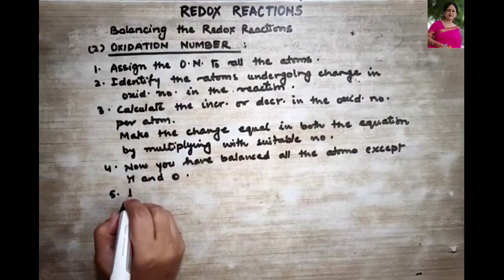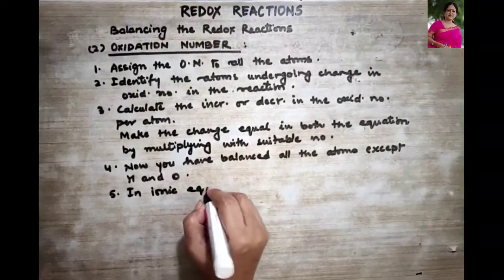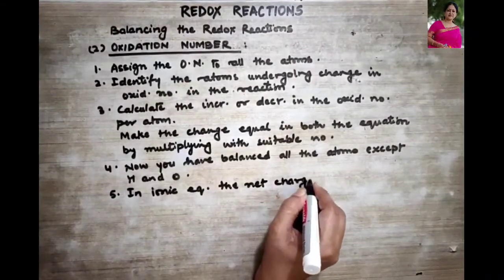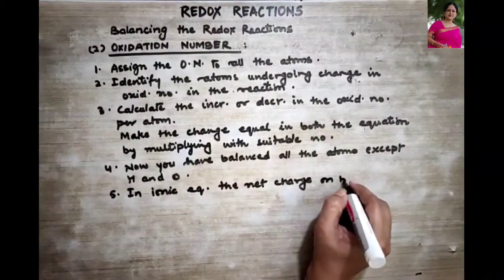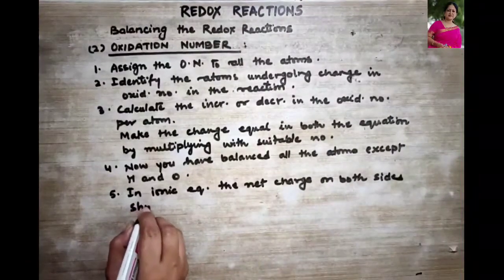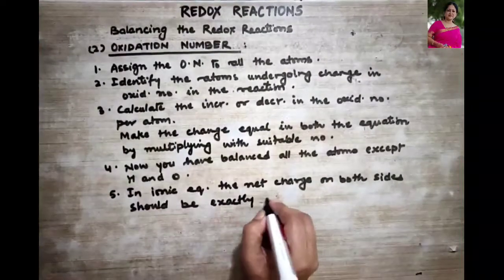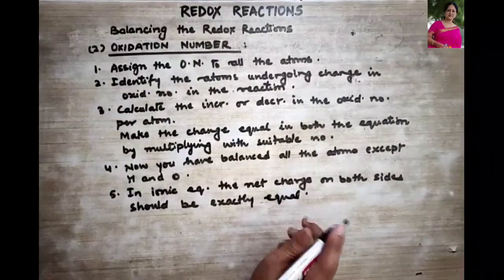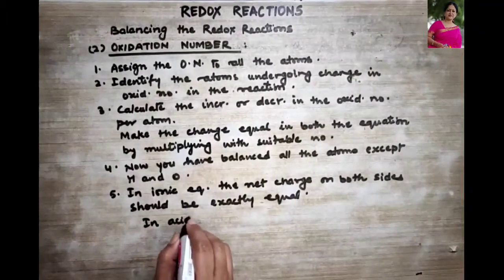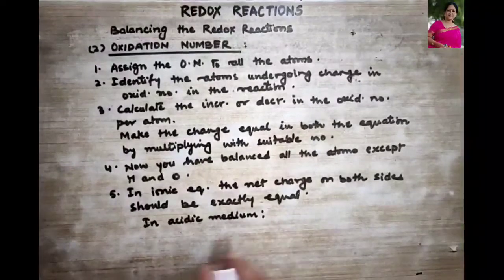So over here, in the ionic equation, the net charge on both sides should be exactly equal.